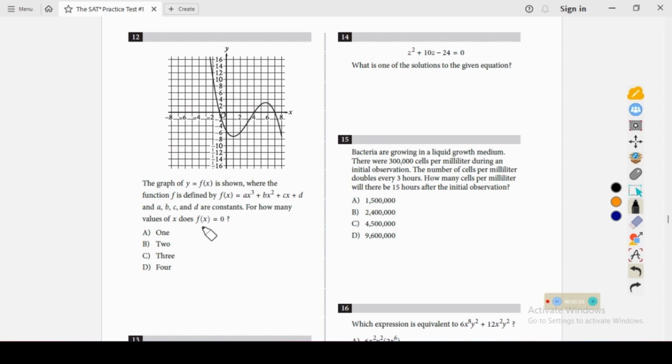First, we will see when f of x is 0. The f of x can only be 0 on the x-axis. At this point, this point, and this point, at these 3 points, the value of f of x is 0, meaning at these 3 points the graph is intersecting the x-axis. So the answer is 3.